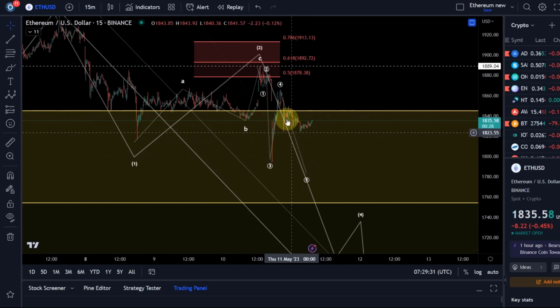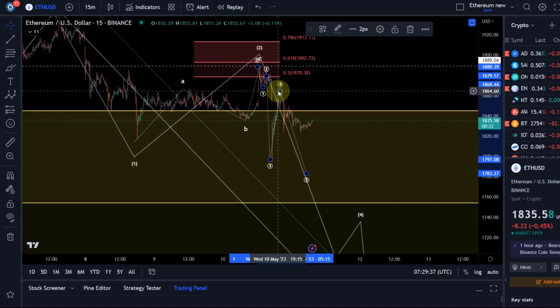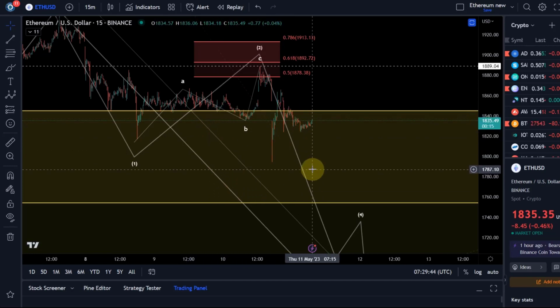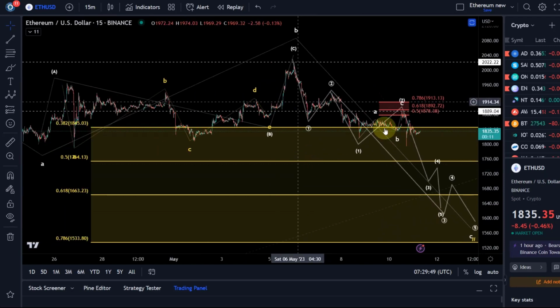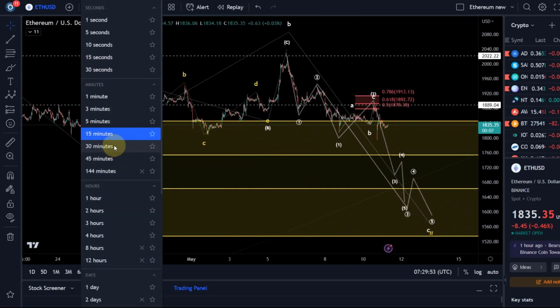The wave 4 is far too deep, completely out of proportion with wave 2, so it's just not likely. Okay, so we take that off. But we need to be a bit flexible about the latest move and about the subwave structure count to the downside. But it shouldn't change overall downside expectations.